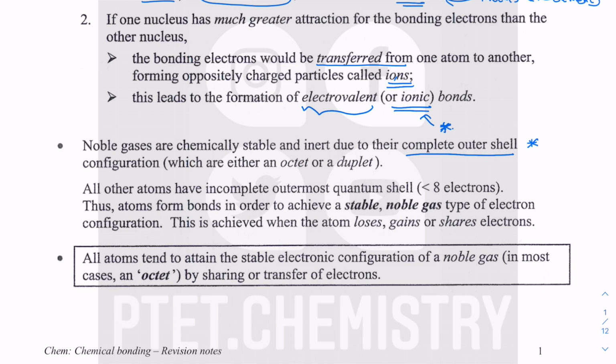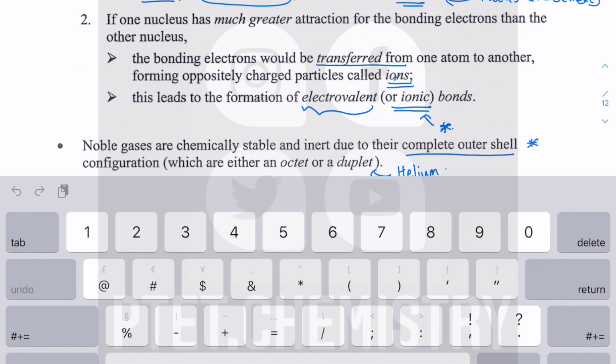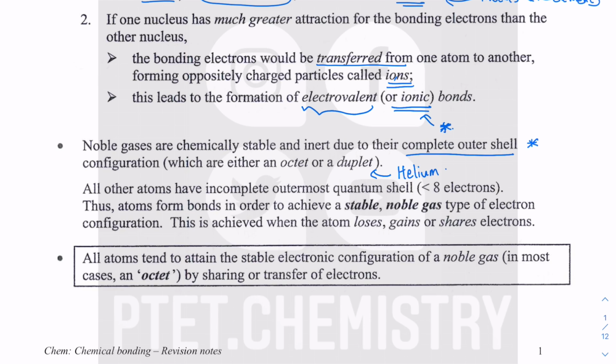This can be an octet. Octet refers to full electron outer shells, or it can be a duplet, because duplet is true for the first shell, which is helium.